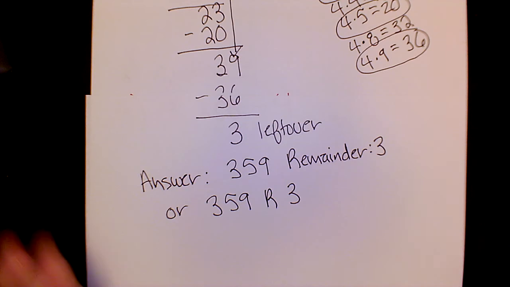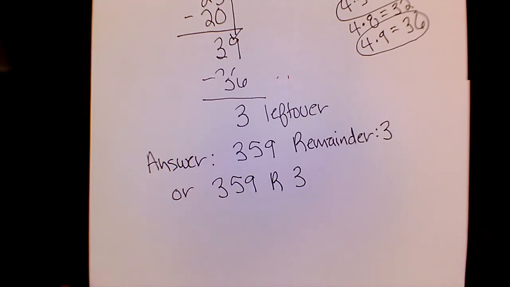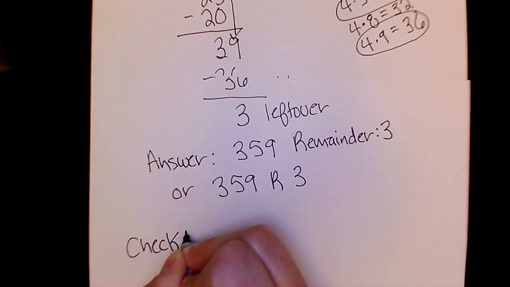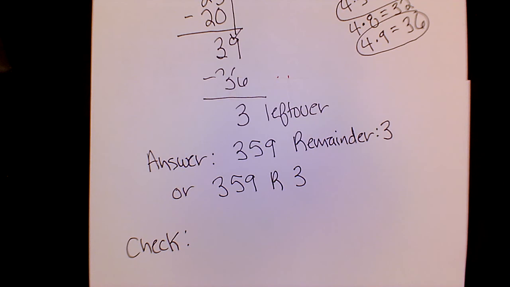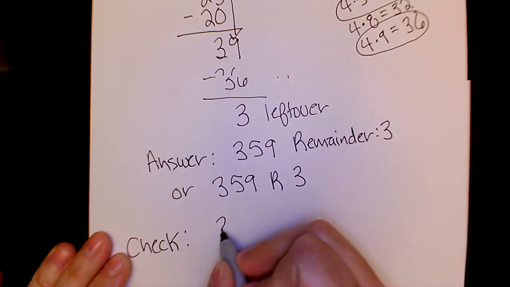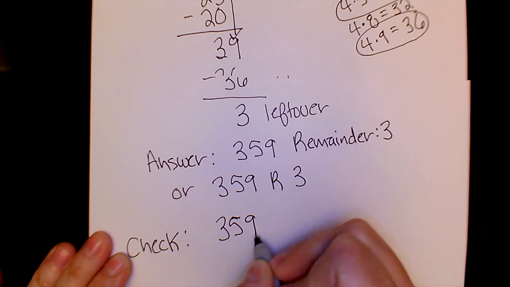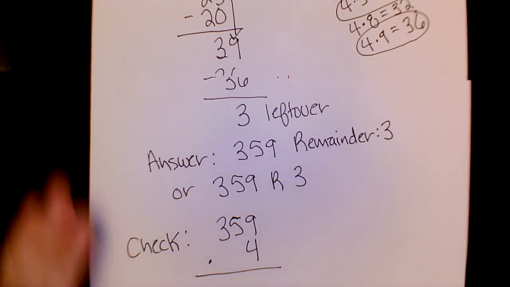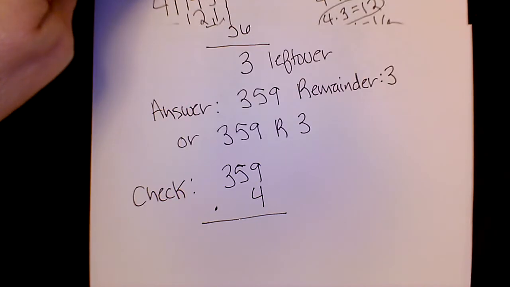So let's do a check. If you don't want to do a check, just go ahead in the video, because some people might say to themselves, well, what do I do with that remainder for the check? So we're going to take 359 times 4, because 4 was our divisor.